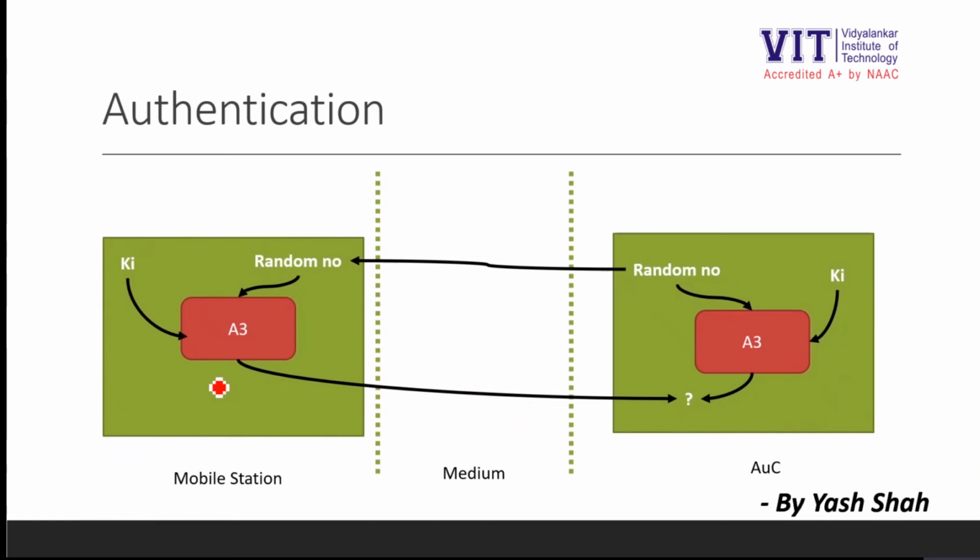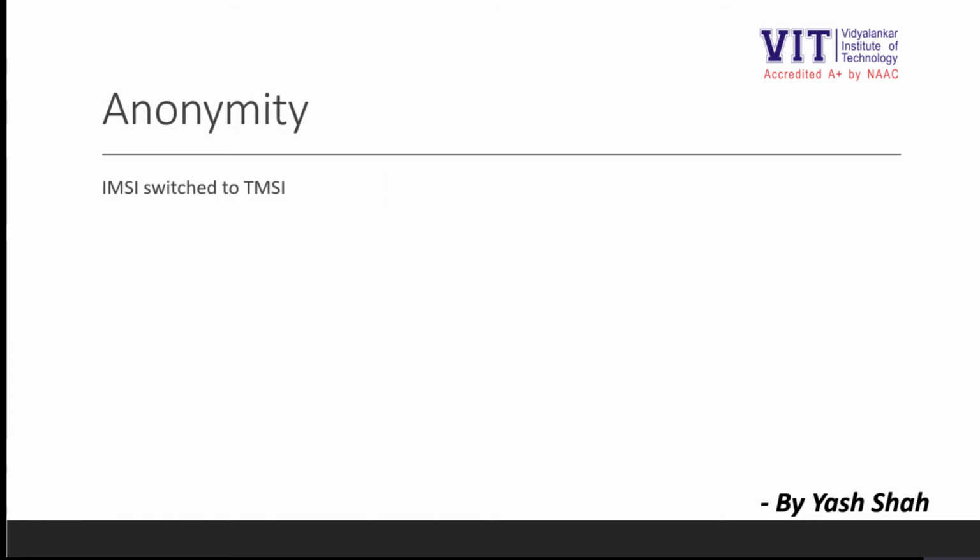So let us move on. How do we achieve anonymity? It is very simple. The only identity revealed in the network during communication is the IMSI, the International Mobile Subscriber Identity. This is a constant with every SIM, and whenever data is transferred on the network, it is associated with this IMSI.